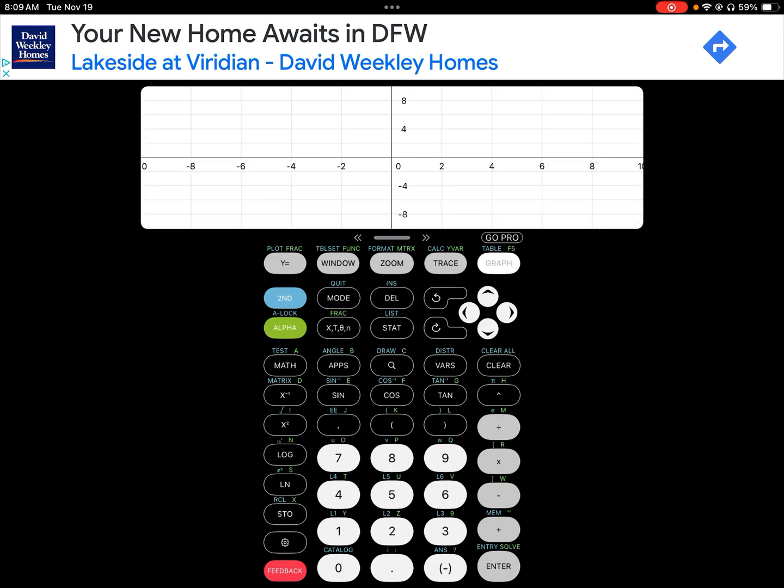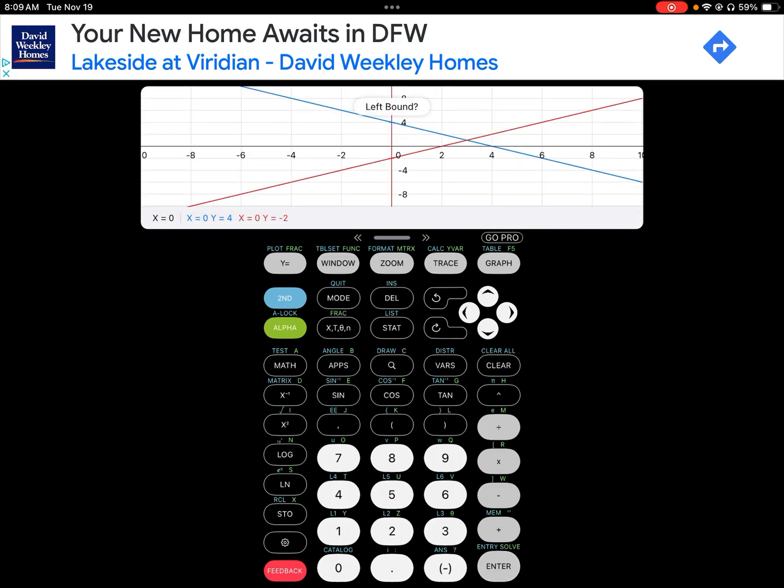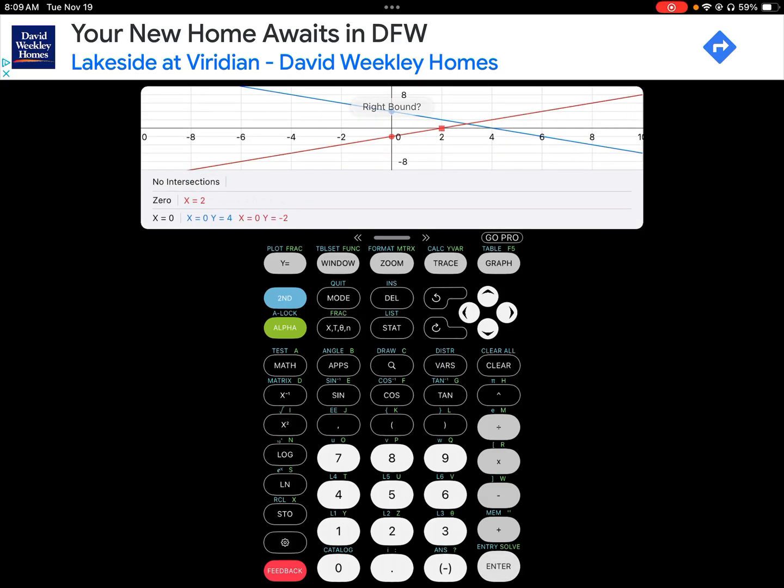So put those in, hit graph. And then we would use the calculate feature. So we would do second trace. We want to find the intersection, 5. Left bound is one of the lines, right bound is the other line. Guess, enter.